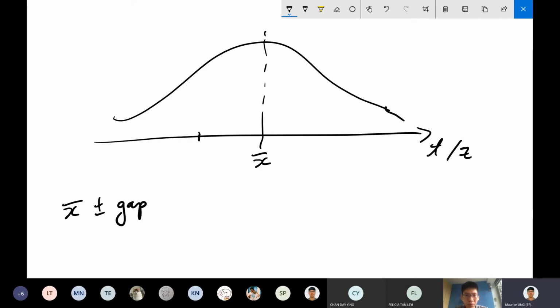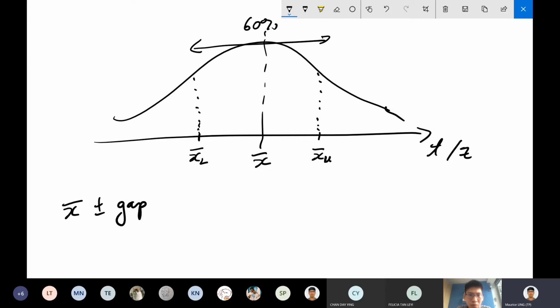So I can say that I am maybe 60% confident. If I'm 60% confident, this area here will be 60%. So what are my lower and upper range values?